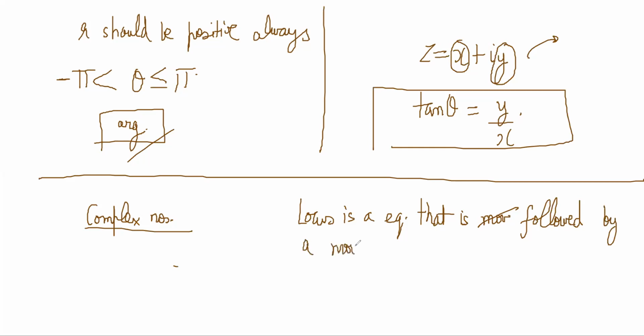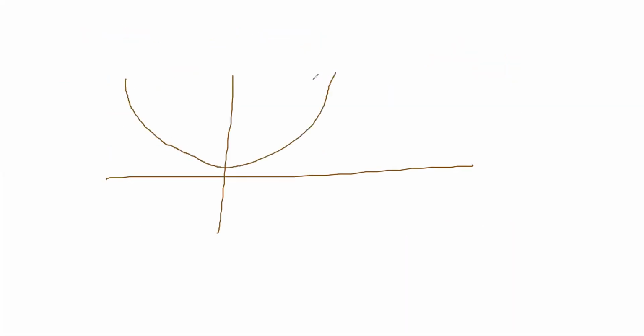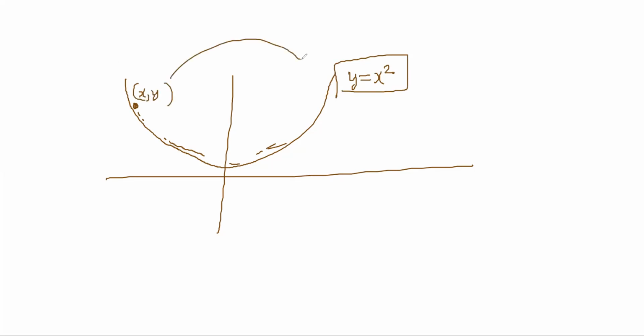For example, if a body was moving along this curve, the locus of the particle would be the equation of this curve. Basically, its x and y will always fit this equation. So that is the locus of that point.